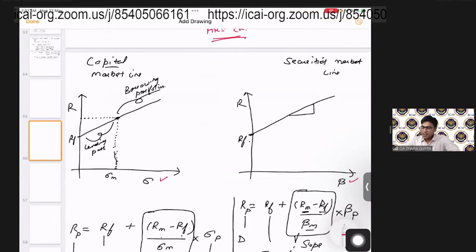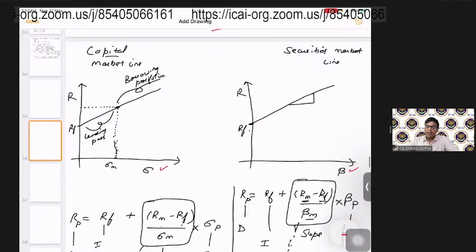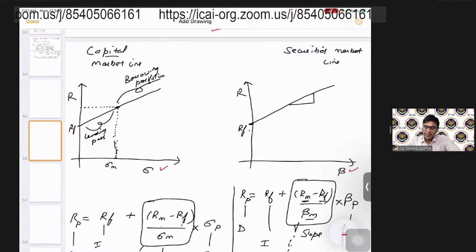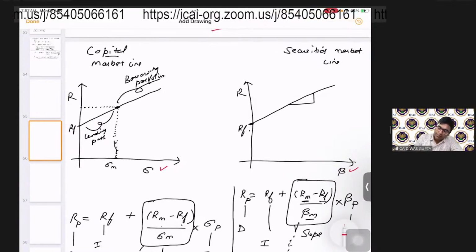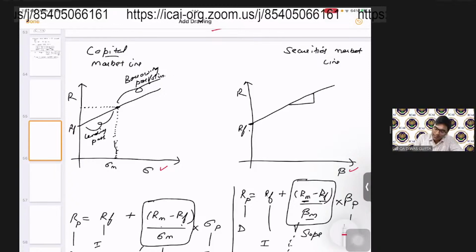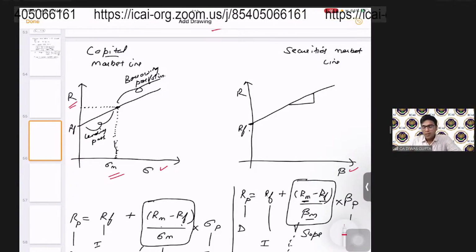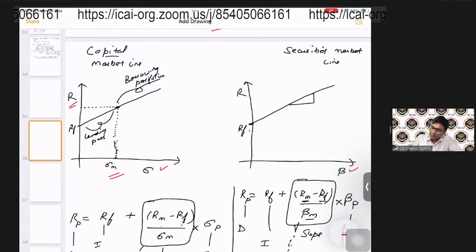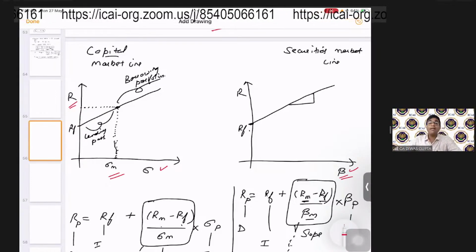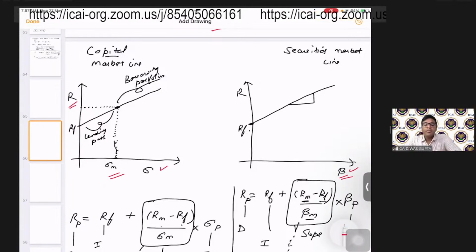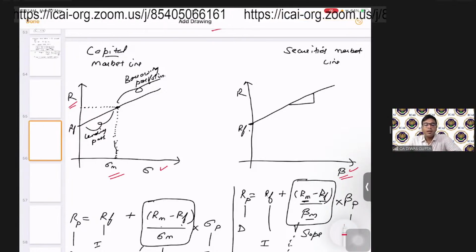Then let's come to the concept of the capital market line and the securities market line, students. The capital market line is denoted by a graph wherein the x-axis has the standard deviation of the market and the y-axis has the return. Similarly, in the securities market line, everything is the same except the x-axis has beta instead of the standard deviation.